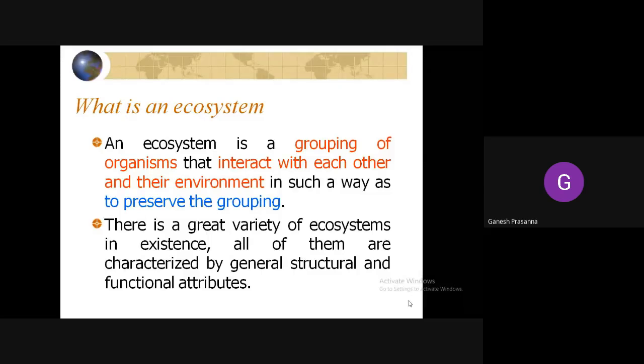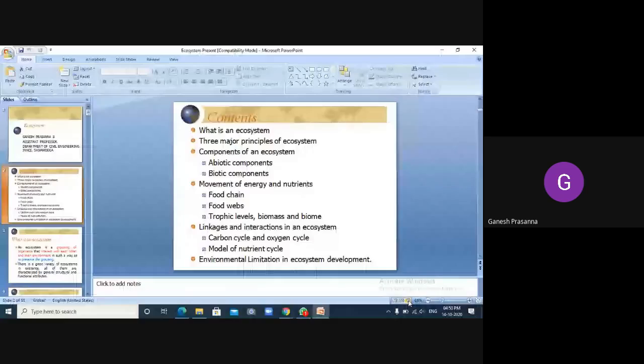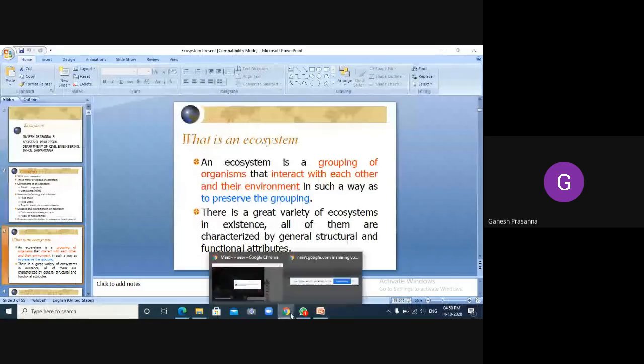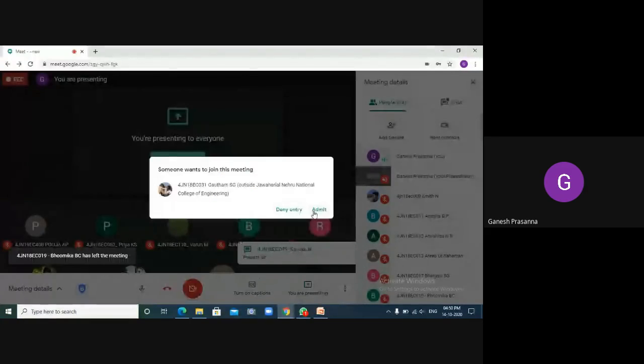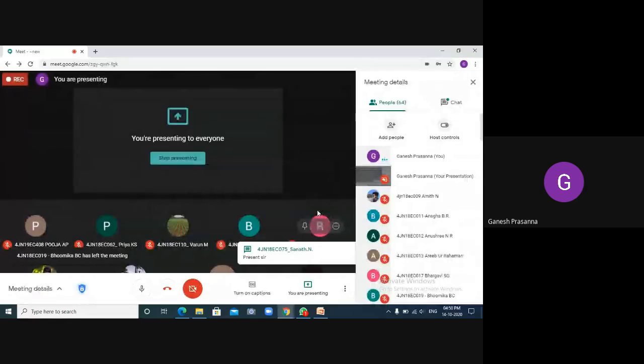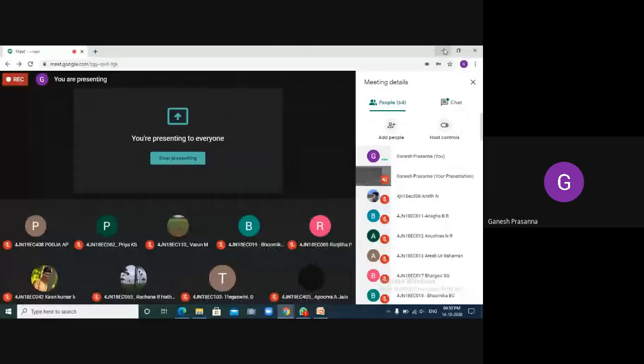Okay, so it is that kind of a system wherein all the like-minded animals or the features are attributed at one place, and the unlike-minded attributes are also present in the same place, but mutually they are dependent on one another without much changes.